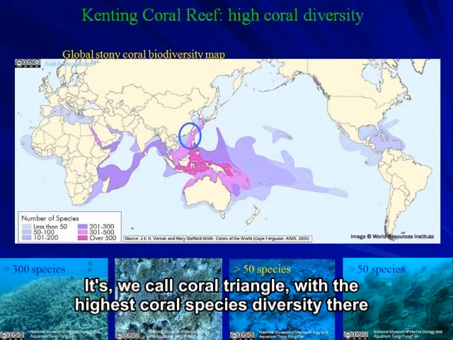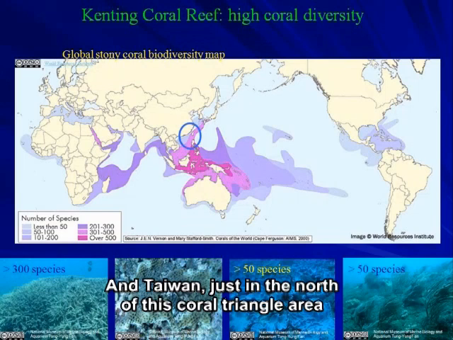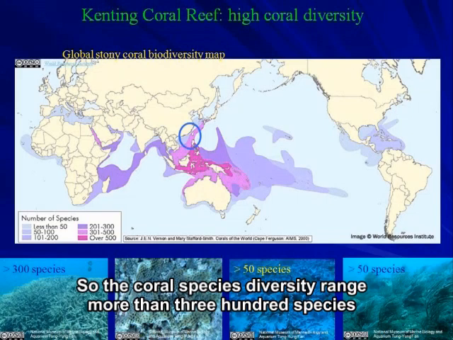We call it the coral triangle, with the highest coral species diversity. From the Philippines and Indonesia, this area has the highest coral species diversity, and Taiwan is just north of this coral triangle area. The coral species diversity ranges to more than 300 species.